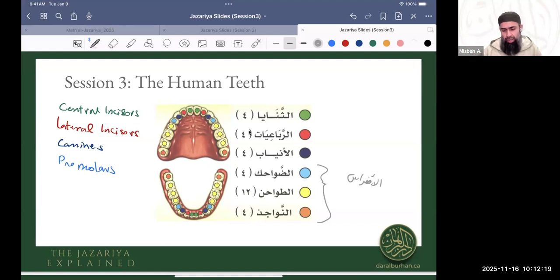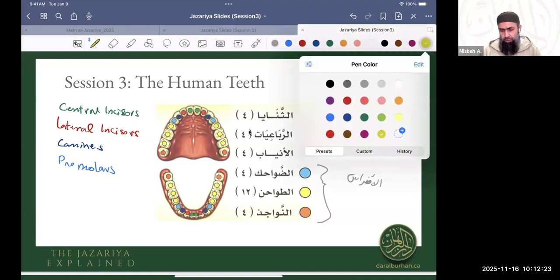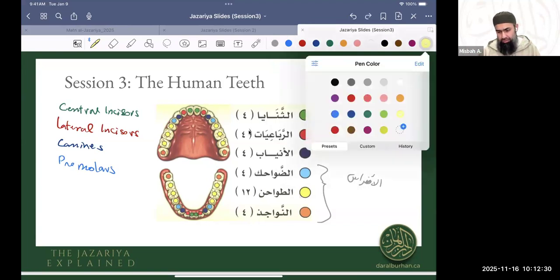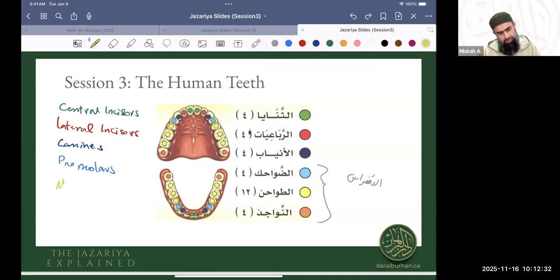Okay? Tawahin is your molars. Okay? Well, this is not a good color. I'll stick to the darker version. Okay? And then finally, your nawajid, which is your wisdom teeth.